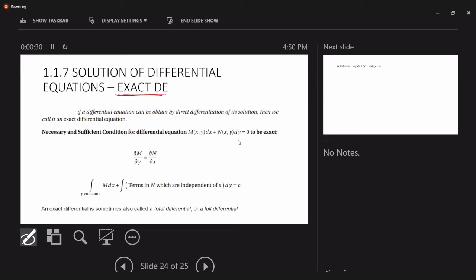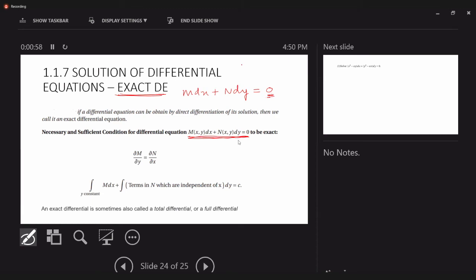Okay. So for that, first of all, we start with the differential equation and just notice how this is M dx plus N dy equals 0. Okay, now there is some theory behind this. The reason why we call it exact is this is actually a total differential or a full differential.